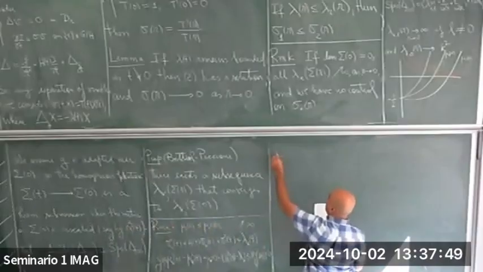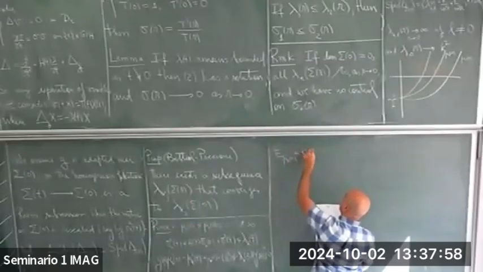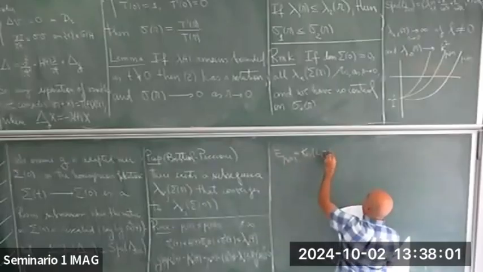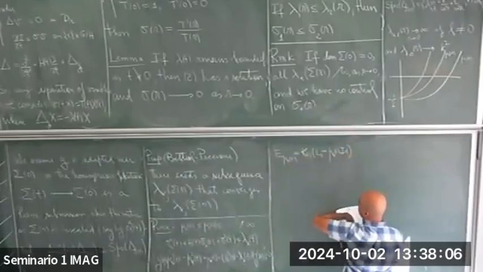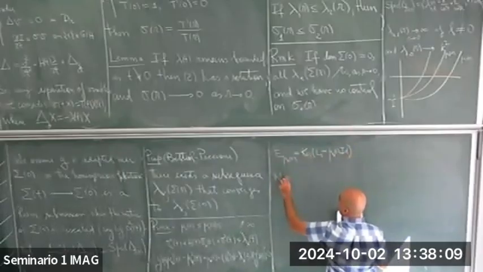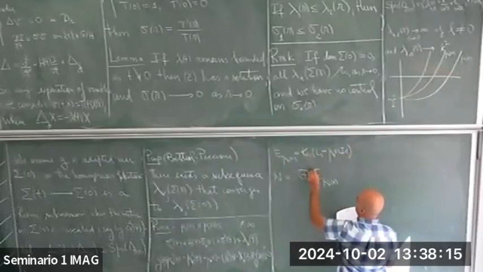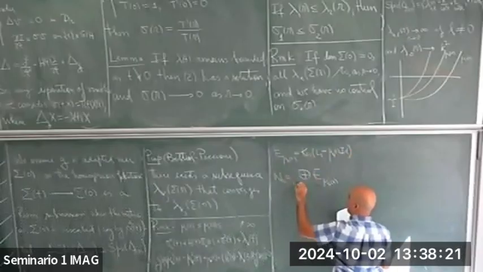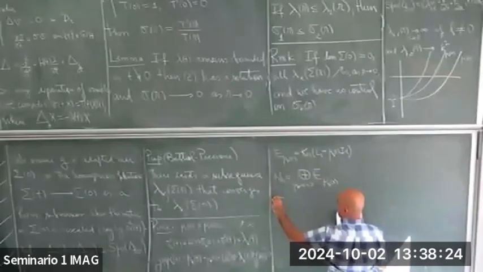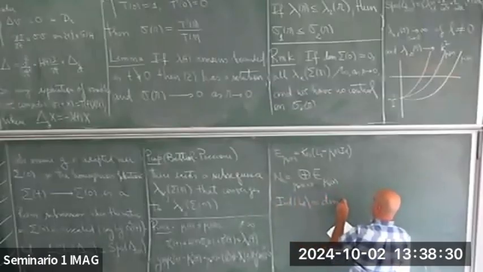As usual, I will consider the eigenspace, and the space of negative elements. So it goes on R, and the index is the dimension of this space.